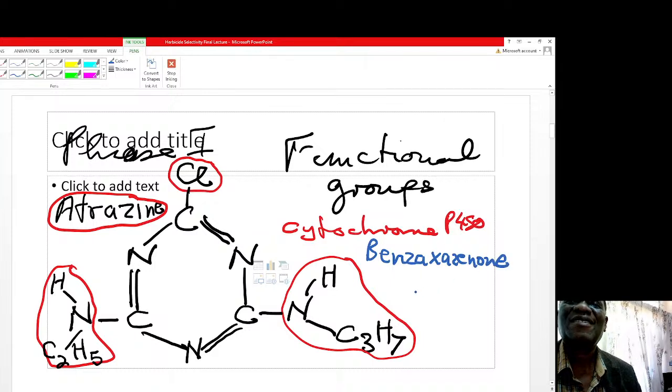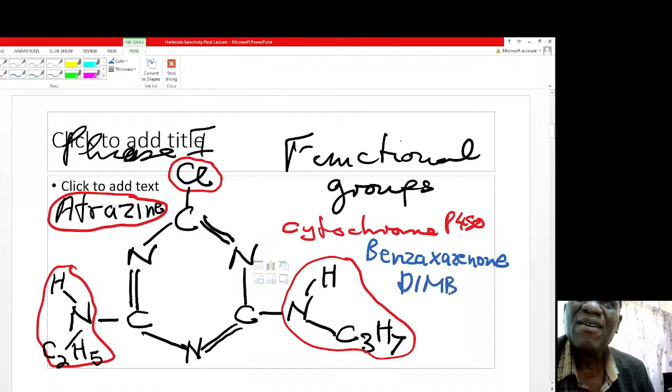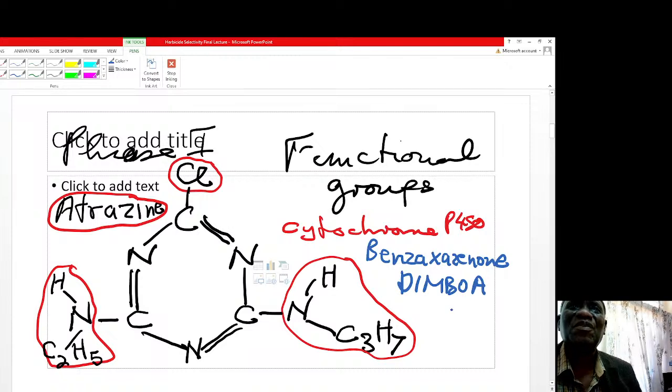benzoxazinone, or we can just call it DIMBOA. You just have to choose the one which you want, the BOA, which is quite a complex name.